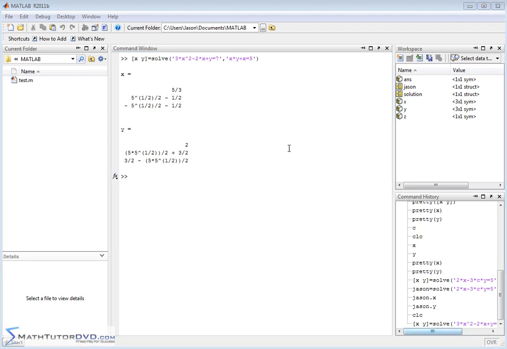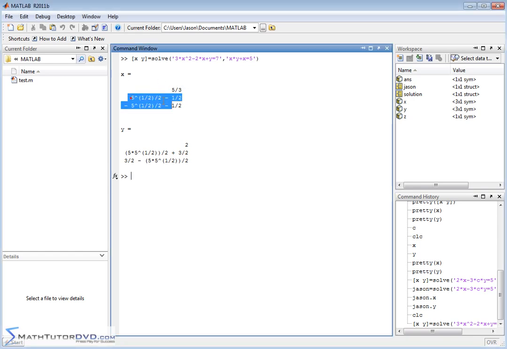And notice we haven't really seen a solution quite like this. x has 3 elements, 5/3, and then this one, and then this one, and y also has 3 elements. What this is telling you is there are multiple solutions for x and y. The reason is that this is a higher order, nonlinear system of equations.